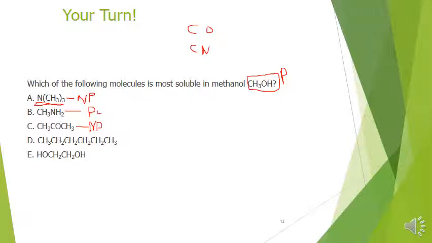Okay, this one is insoluble, it doesn't have any oxygen or nitrogens, so this is nonpolar. And then this one down here, look at the ratio. There are 2 oxygens to 2 carbons, so the ratio is 1 to 1. So this is definitely polar. So this one here is going to be our pick.